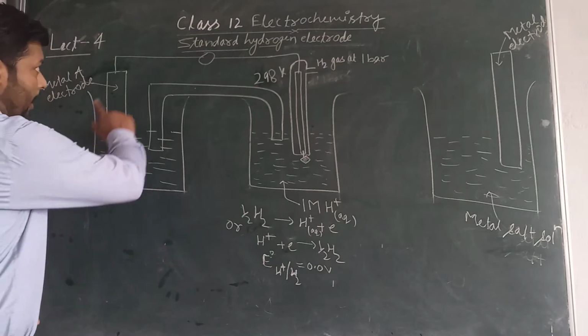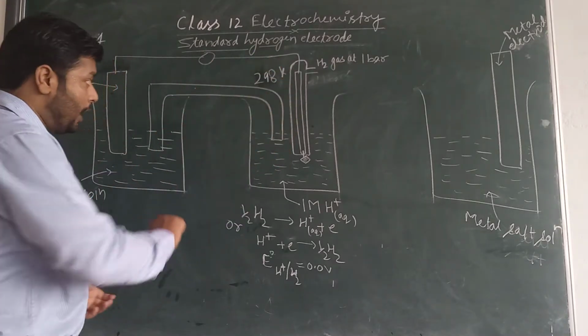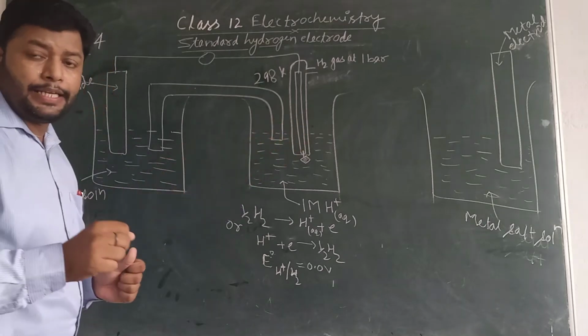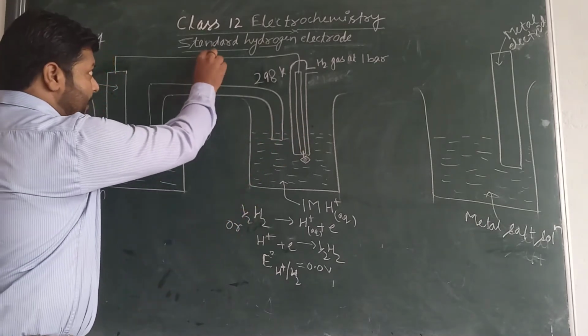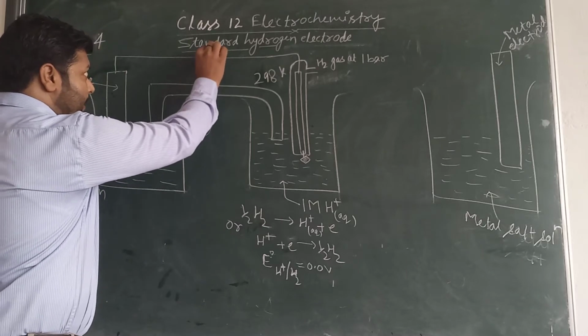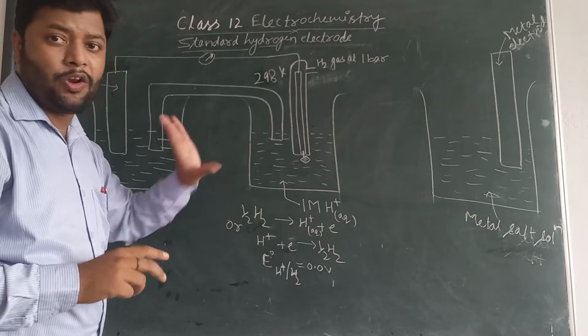Now this setup is completed, the circuit is closed, and when we take our electrochemical cell potential value by the galvanometer, some value will be observed.